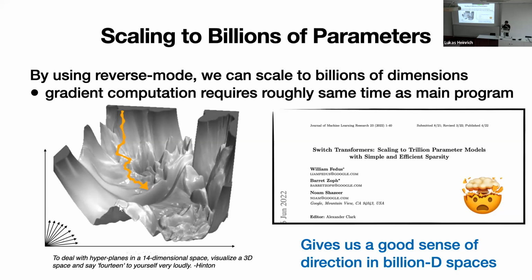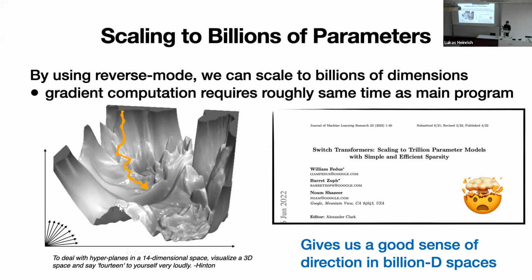Of course, you have zero clue where to go, except that you want some local information. This is what we had with the loss landscape: you have no idea what's going on, but if you have local information, at least you can go locally downhill, and then you can actually optimize efficiently.